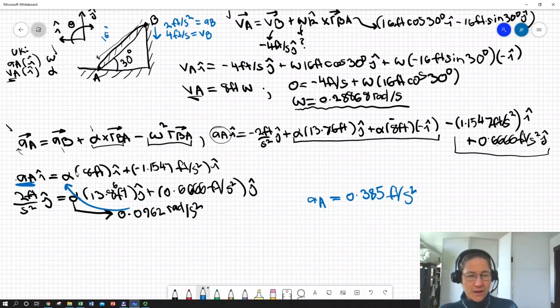This ends up being a positive number, which means it's going to the left, which is exactly what we would expect. As this point comes down, this point's going to go over to the left.